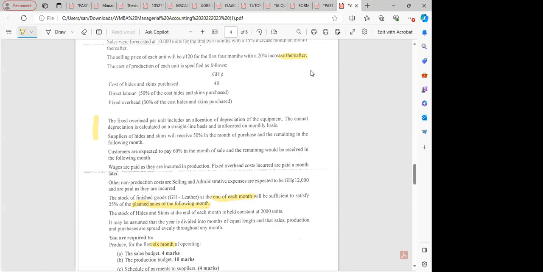But take it from me that anytime we hold input, raw material, direct material constant, it means you don't need to prepare a budget for raw material. That was where my mind was, the raw material budget, but it's fine. Okay. Thank you.